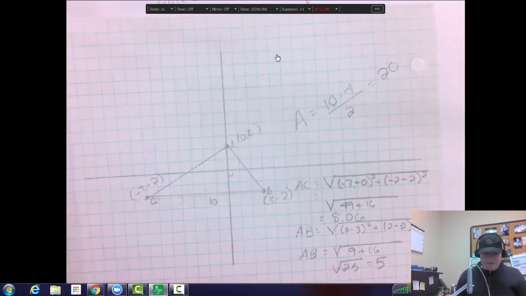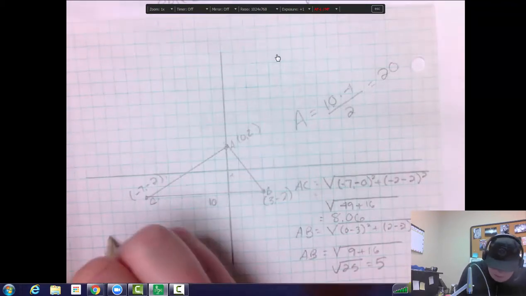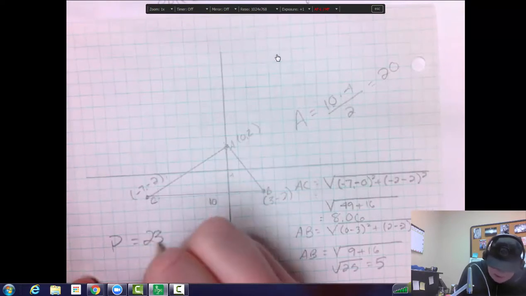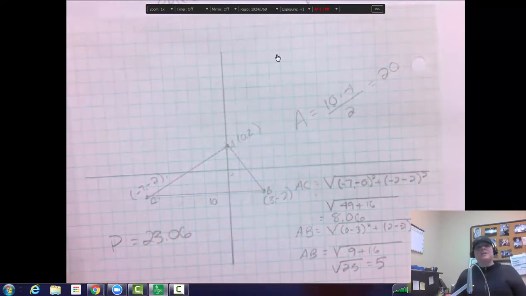So now we can do our perimeter. 8.06 plus 5 plus 10 is going to give me a perimeter of 23.06. All right. So distance formula, you have to use it with some area, some perimeter, all of the above.